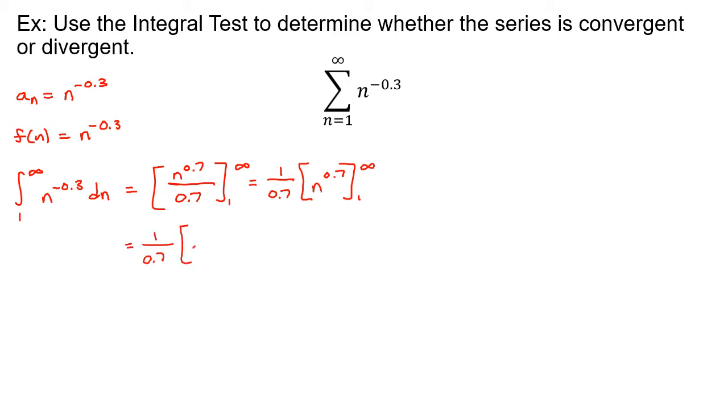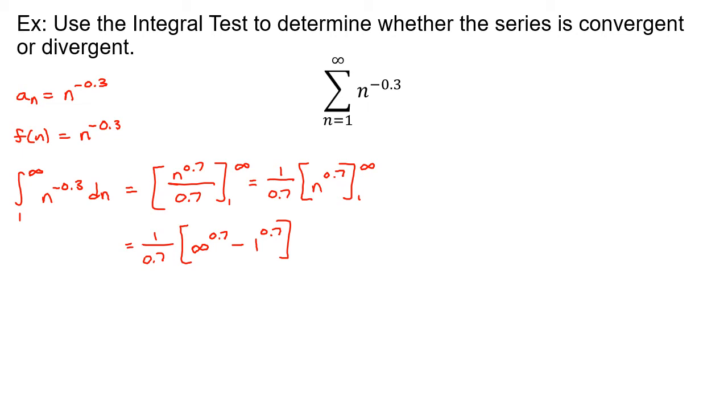If you plug numbers in, I'll get an infinity to the 0.7 minus 1 to the 0.7. Now, 1 to the 0.7 power is going to be just 1, so that part doesn't really matter. But you have an infinity to a positive power.